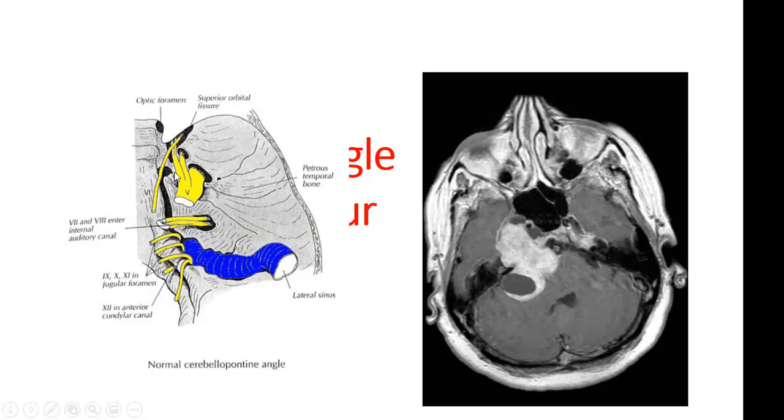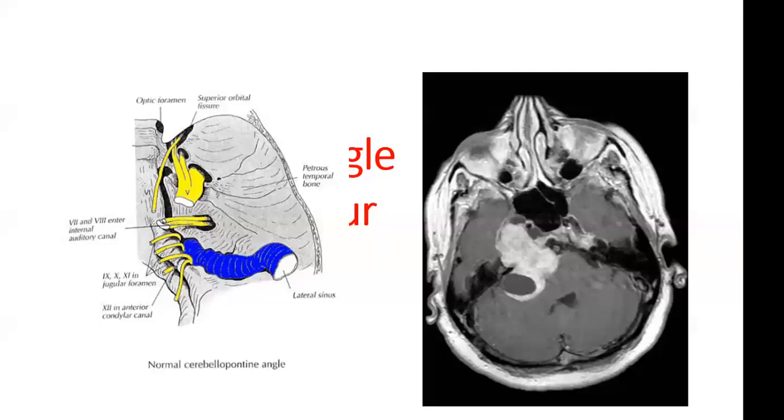The sixth nerve is not in the CP angle. It goes anteriorly. Not in the CP angle. CP angle has the 5th, 8th and 7th. So if there's a lesion of the facial nerve in the CP angle, you'll see nerves 5, 7, and 8 involved.